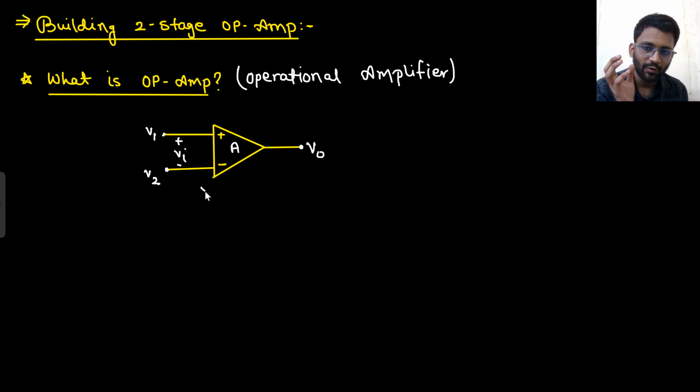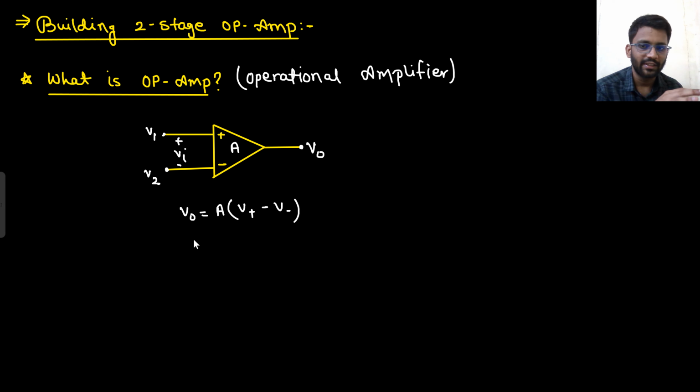This is the circuit symbol of an op-amp, and this is how it will look in a circuit. And what will be your V0? Your V0 will simply be A into the positive potential minus the negative potential, that's it.